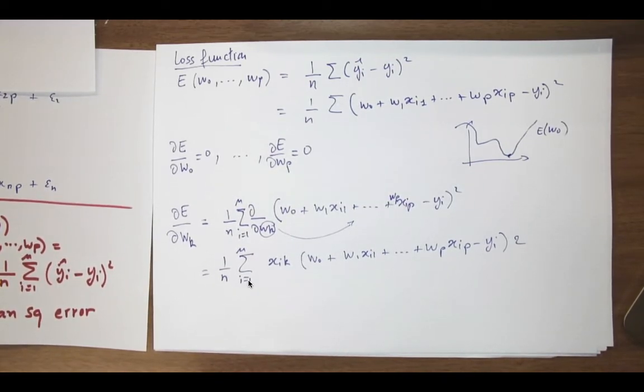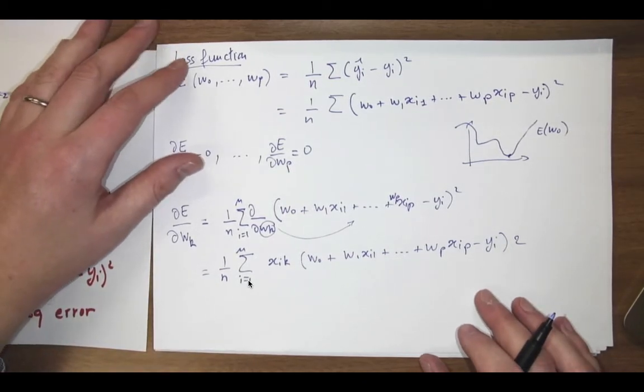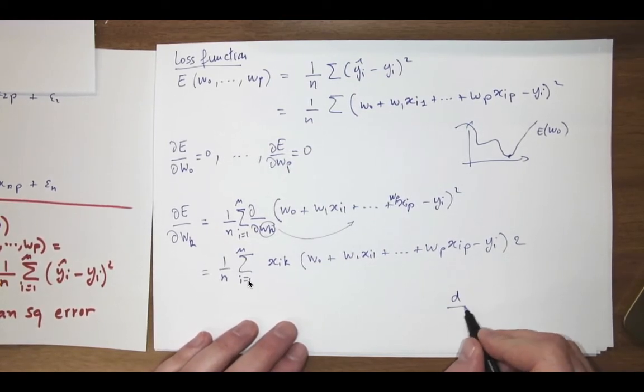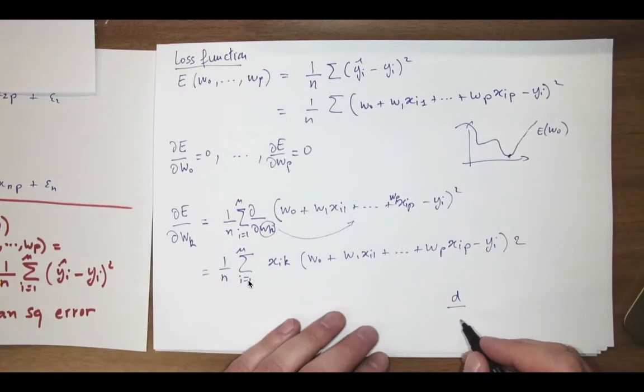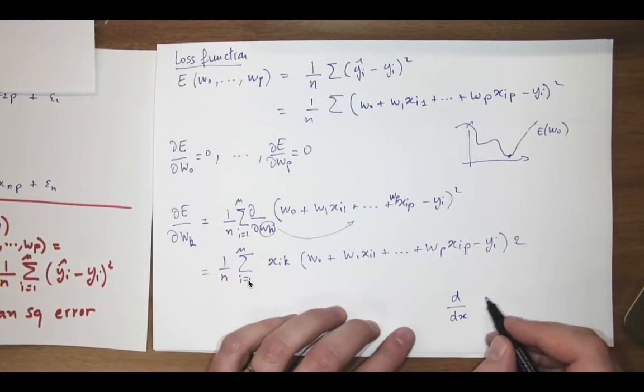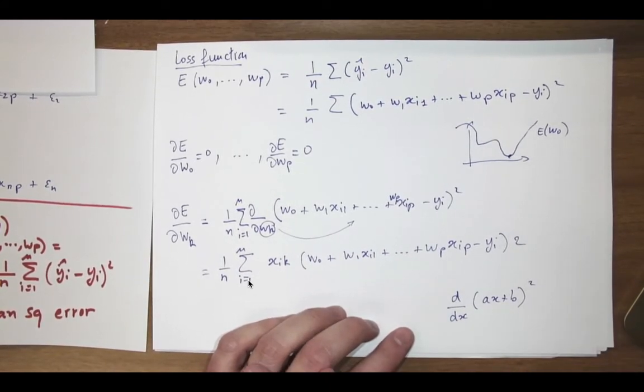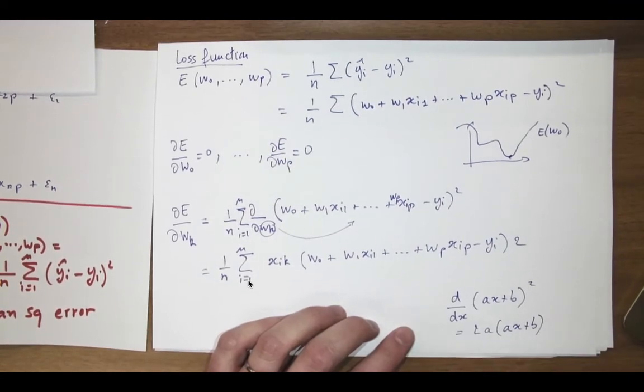All right, makes sense? Taking baby steps here. I see some frowning. Remember, just forget your ND. If you take the derivative of, say, ax plus b squared, what you get is 2a times ax plus b. Make sense?